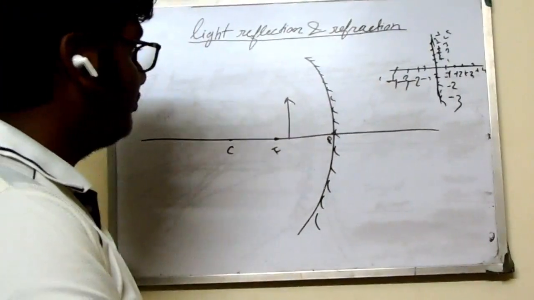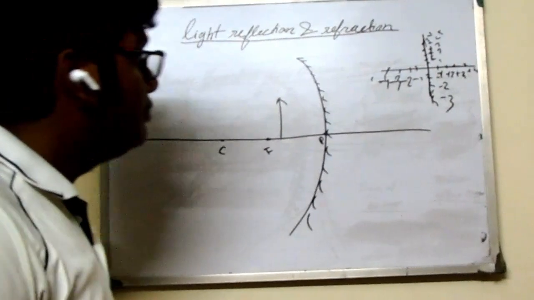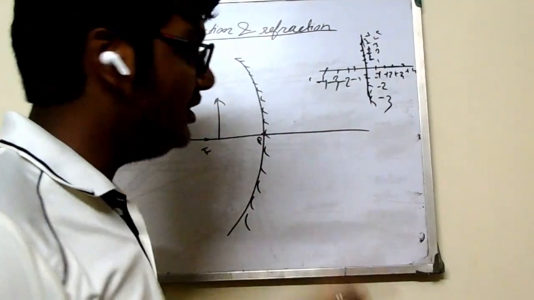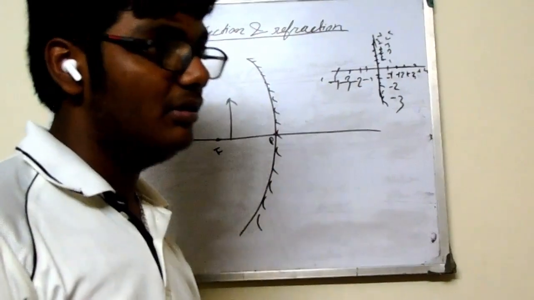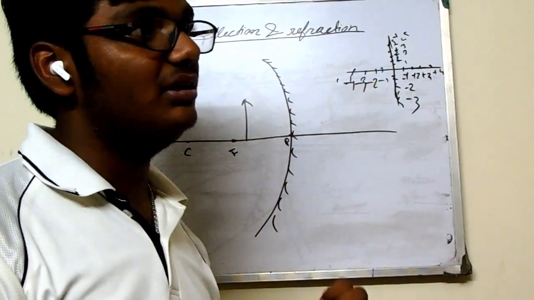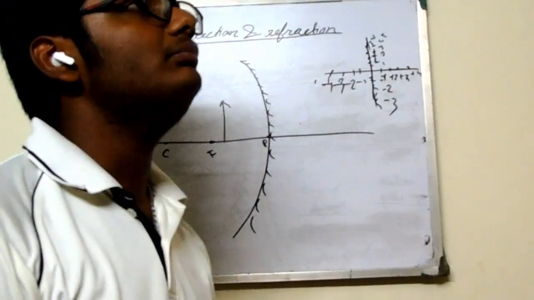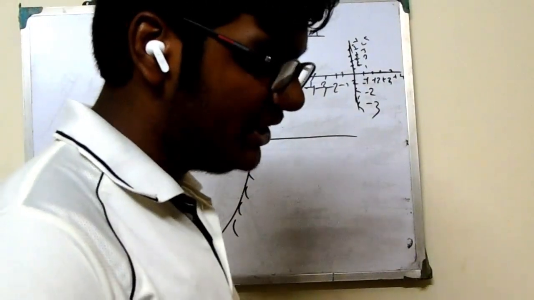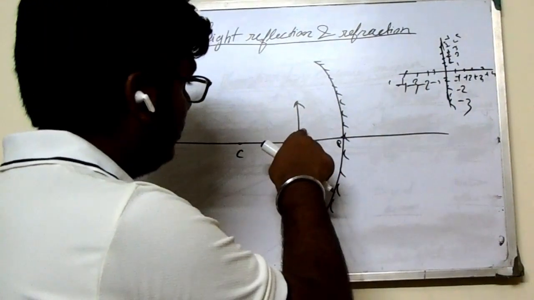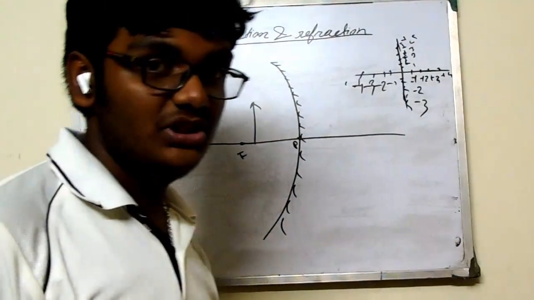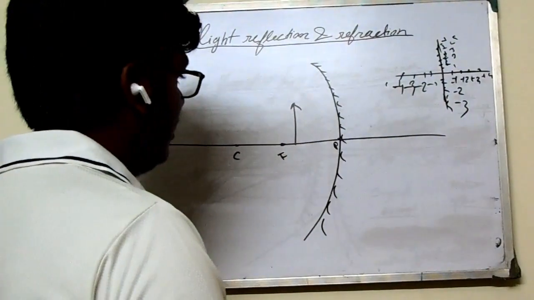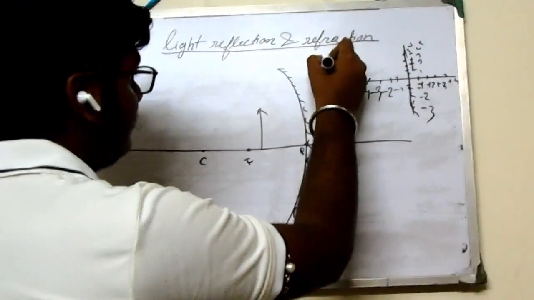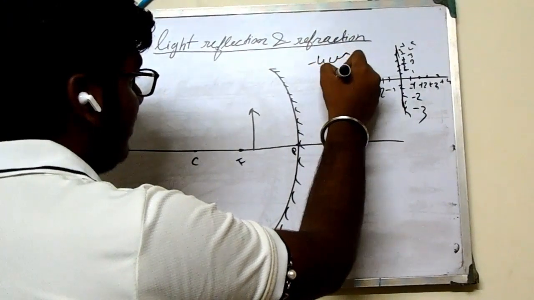So what will be the position of the object in this case? What will be given in the question? It will be given in this way: the object distance is minus 4 centimeter, minus 5 centimeter.